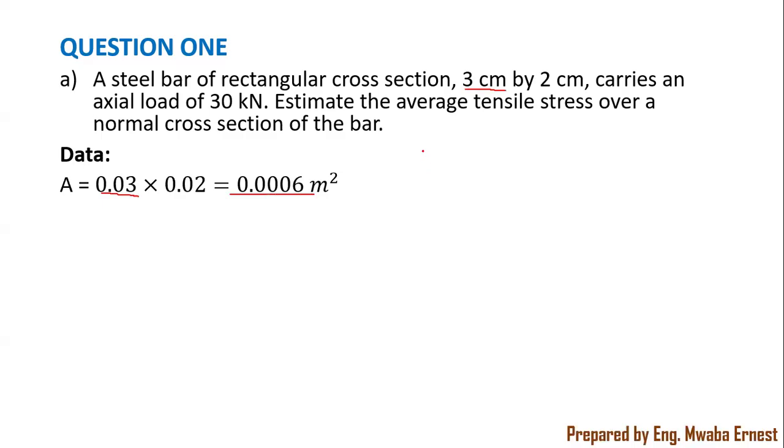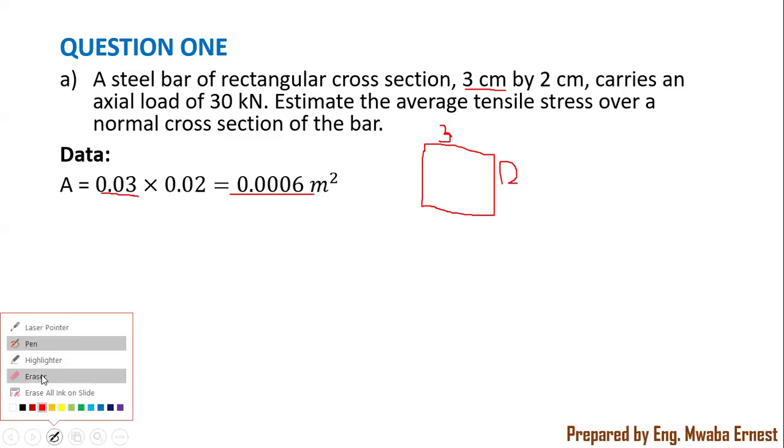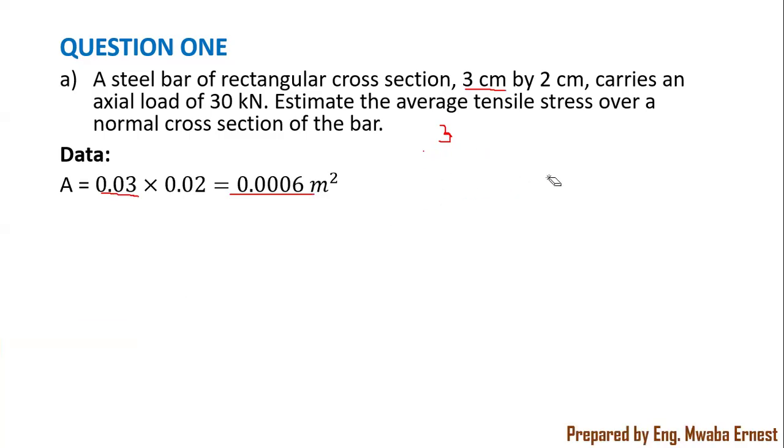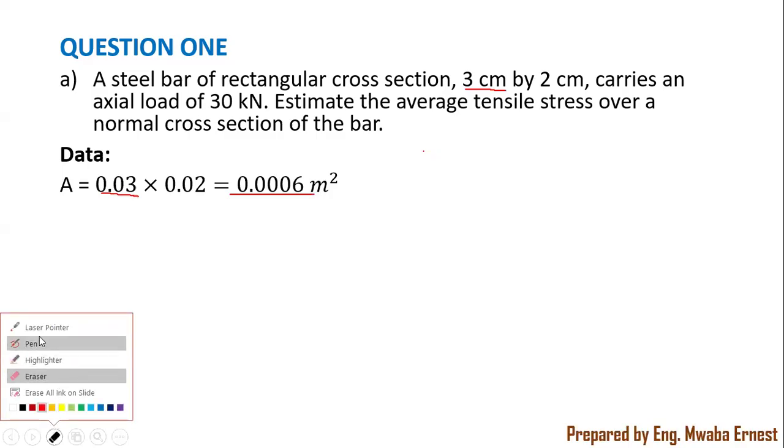So we are dealing with a shape like that. Of course, pardon my straight lines. Here, 3 centimeters, and there it's 2 centimeters. Now, one thing that is interesting is that we have not been given the length of this one. I guess it may not be important at the moment.